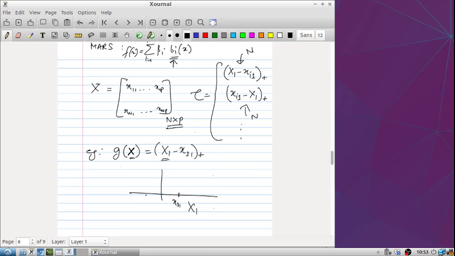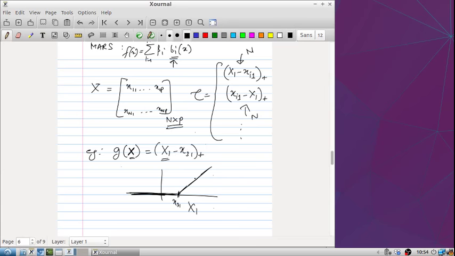Then this function is saying if x1 is smaller than x31, it's 0. And if x1 is greater than x31, it's just the difference between them, and it's going to be positive.